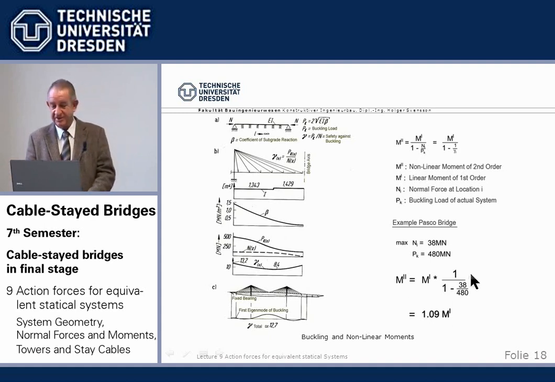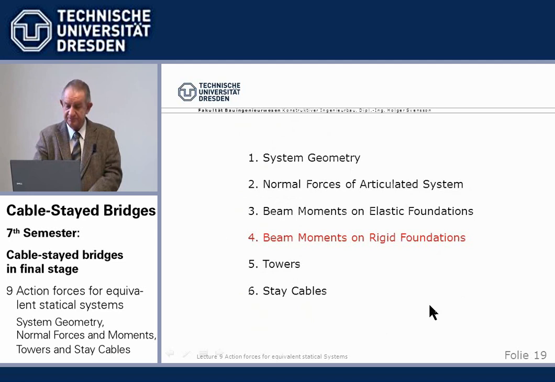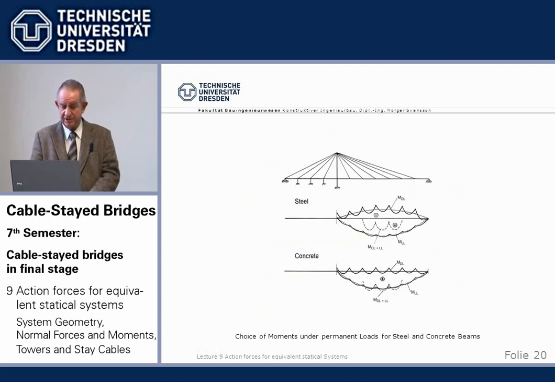And I have just done here a little bit for a cable-stayed bridge. I showed you the concrete bridge, Pasco-Kennewick. And there we had, although it's a very stiff bridge, already a 9% increase. That was the calculation of buckling, where we had the beam on elastic foundation.